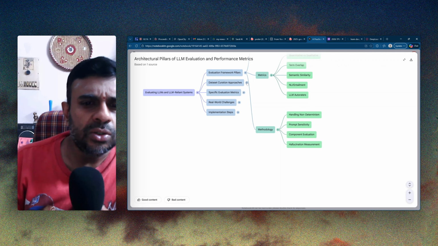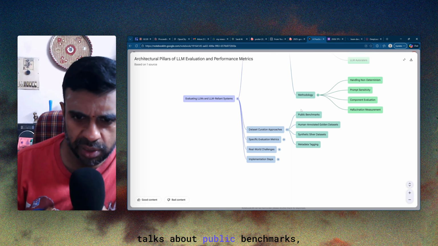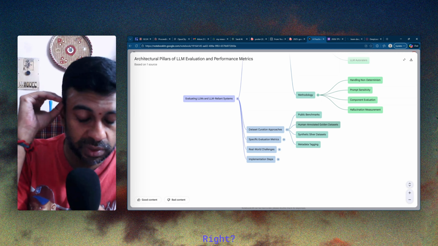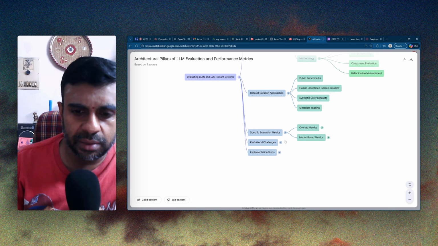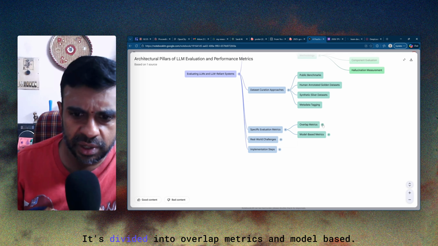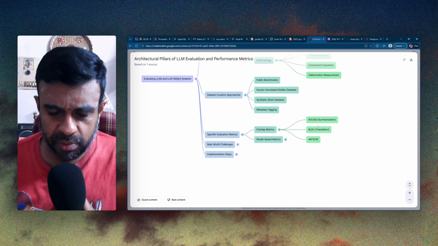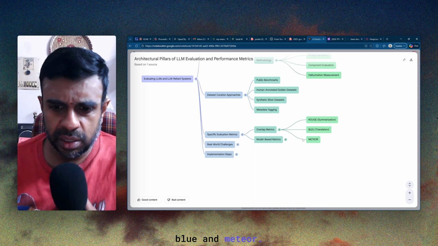Then if you go to dataset curation, it talks about public benchmarks, human annotated golden datasets and synthetic silver datasets, and then metadata tags. And then evaluation metrics are divided into overlap metrics and model based. Overlap metrics are the ones I think based on similarity scores, things like Rouge, Bleu, and Meteor.